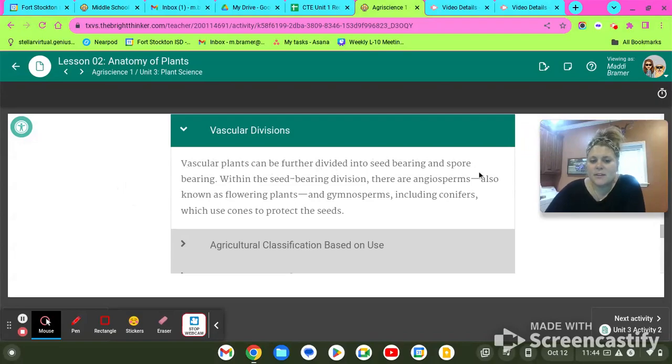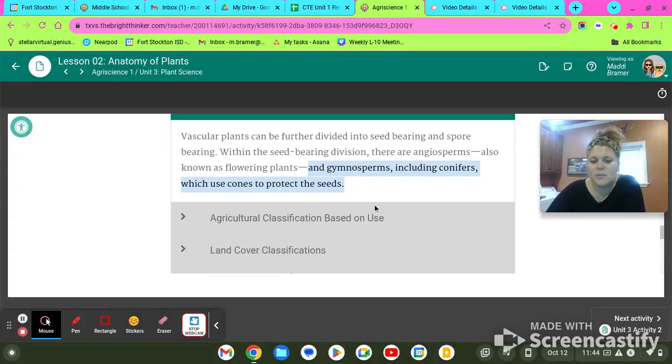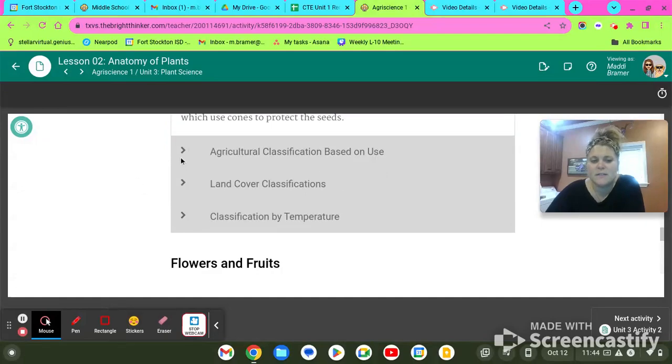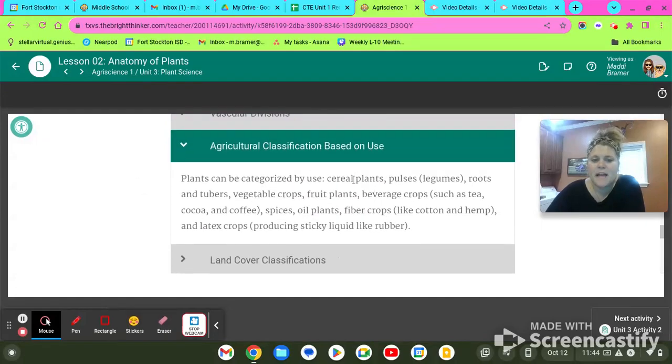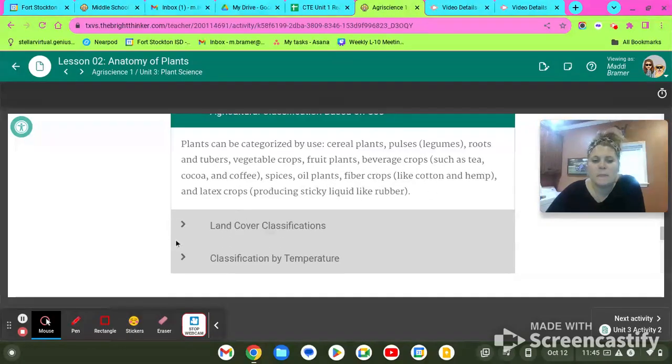So vascular plants are divided further into seed-bearing or spore-bearing. Seed-bearing is going to have flowering plants and gymnosperms, including conifers, which use cones to protect the seeds, like your pine trees. And then there's classification based on use. So we've got cereal plants, legumes, roots, tubers, like our potatoes, vegetables, fruits, beverage crops like tea, cocoa, coffee, spices, oil, all of those.